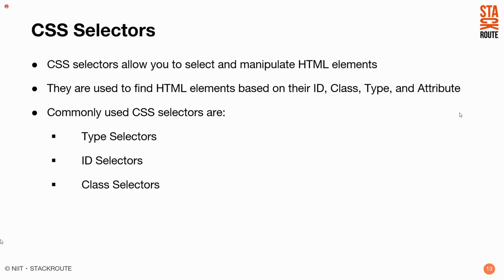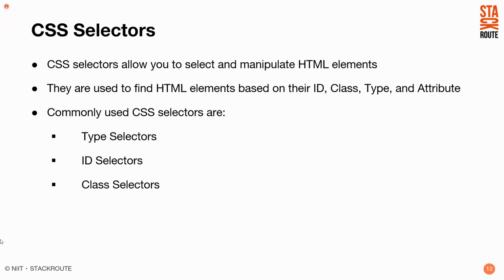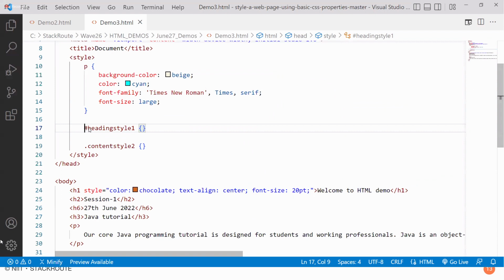Commonly used CSS selectors are type selectors, ID selector, and class selector. So this hash is an example for ID selector, dot is an example for class selector.